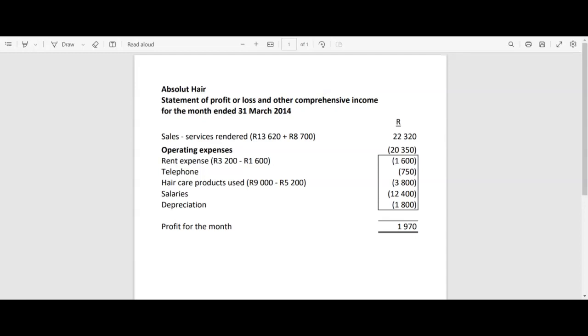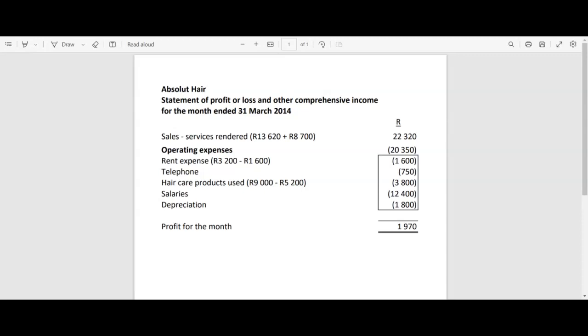You don't have to type that again, you've mentioned that dozens of times already, right? So that is our income. And what is the total there? It was the 13,620 cash plus the 8,700 that was rendered on credit to that one corporate client of ours. So it gives us a total income of 22,320.